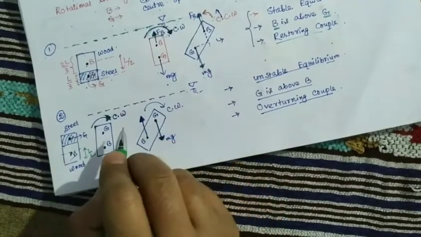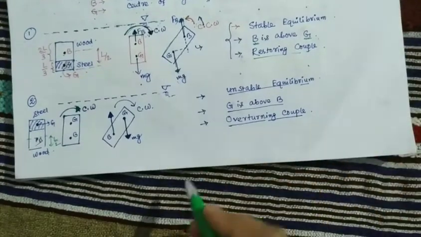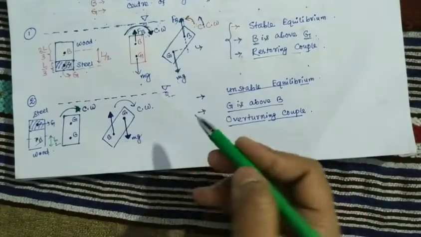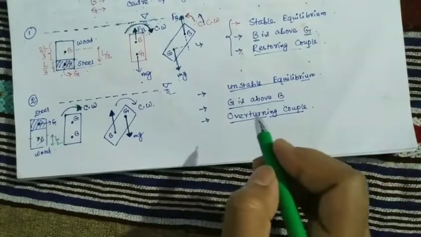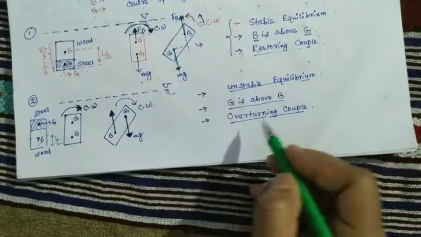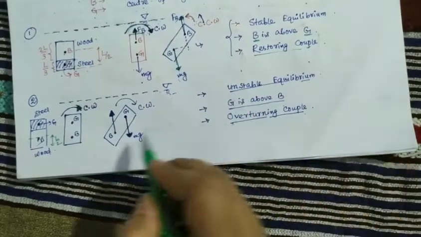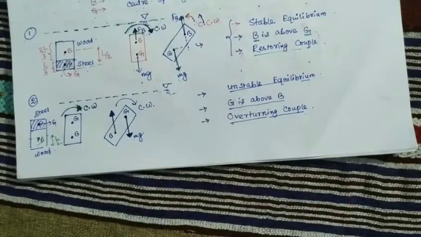This kind of condition happens when G is above B. It is a very interesting topic, and many MCQs in government exams are asked from this concept. The reason behind unstable equilibrium is the overturning couple, which is why the body goes to unstable equilibrium.